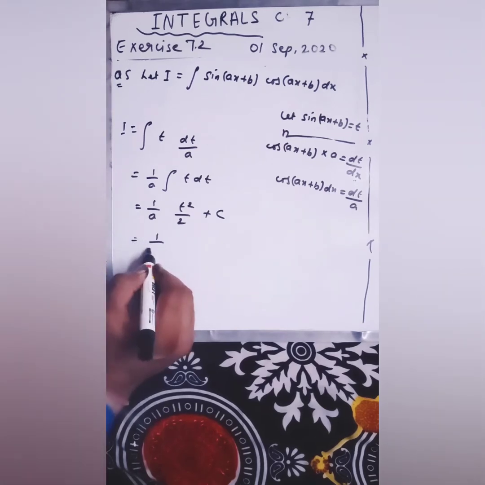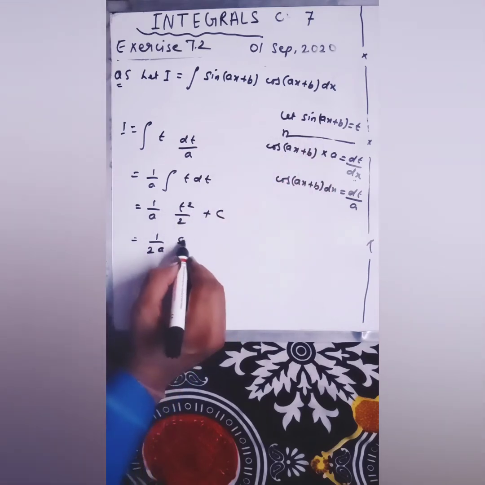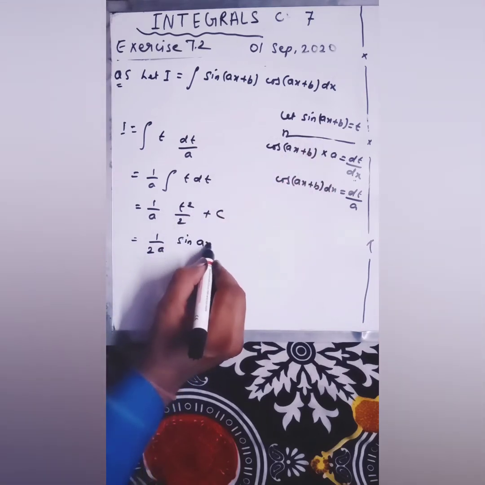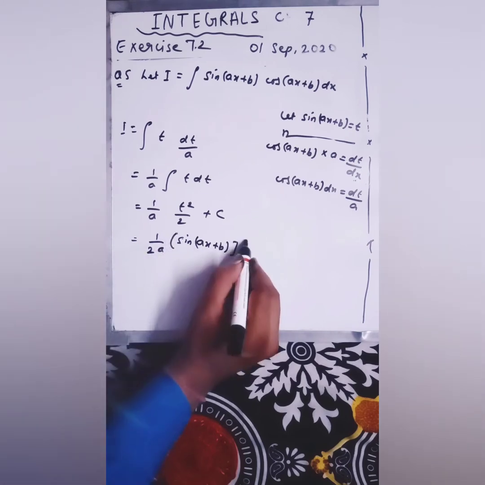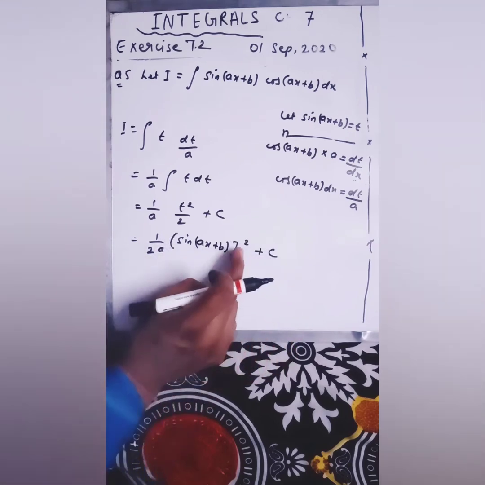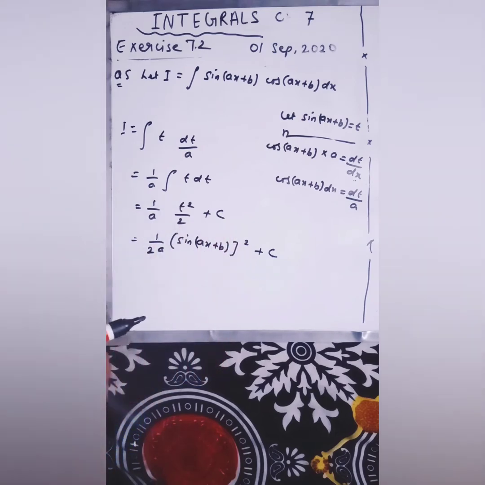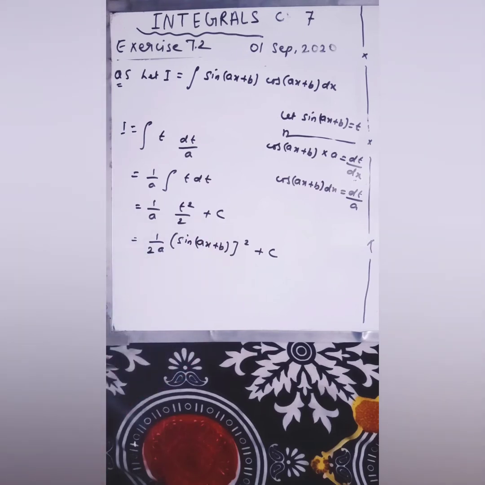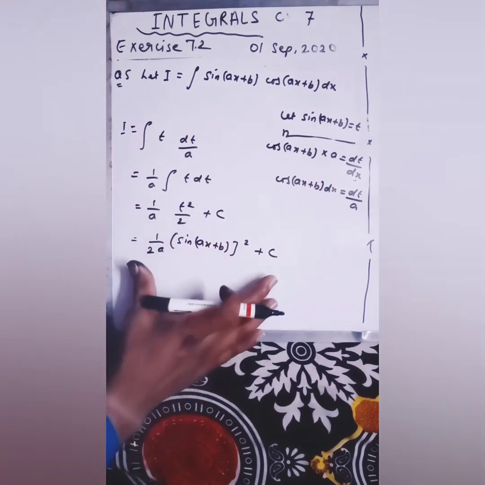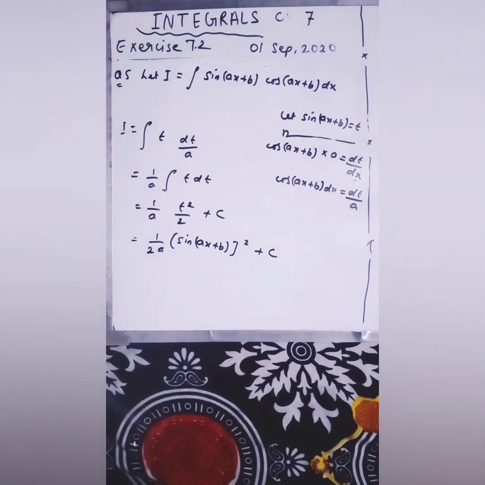Now you have to put the value of t. Your t is sin(ax plus b), and this whole raised to power 2 plus c, because it is t square. Okay, so this is the required integral. Got it? So note it down.